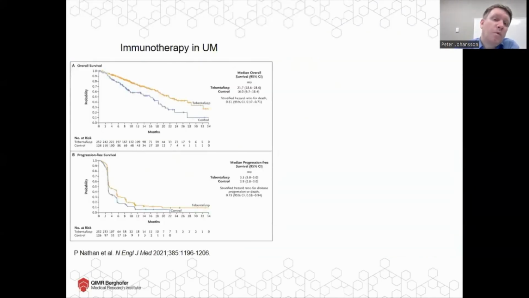And we all know that people are excited about immunotherapy, but it hasn't been a really great success in uveal melanoma.